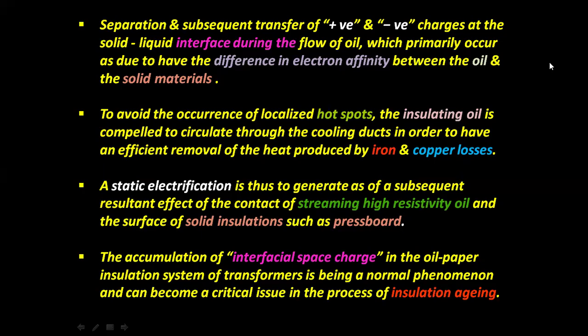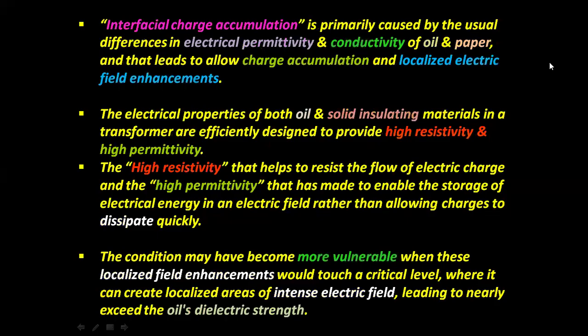The accumulation of interfacial space charge in the oil-paper insulation system of transformers is a normal phenomenon and can become a critical issue in the process of insulation aging. Interfacial charge accumulation is primarily caused by the usual differences in electrical permittivity and conductivity of oil and paper, and that allows charge accumulation and localized electric field enhancements.